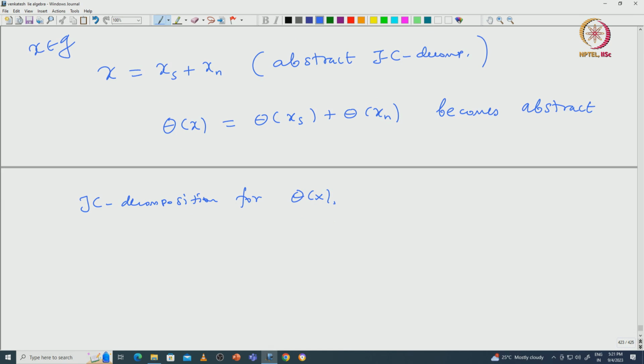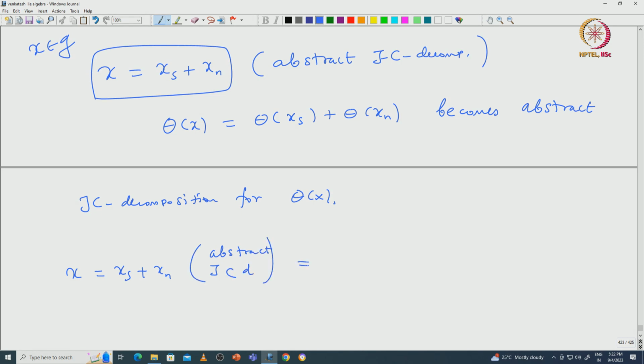For example, the definition of x being xs plus xn as the abstract Jordan decomposition: x equal to xs plus xn. This implies that if you look at add x, then add x is add xs plus add xn.